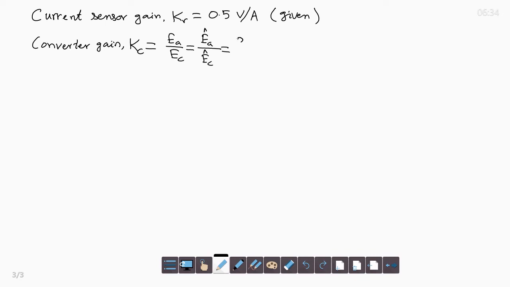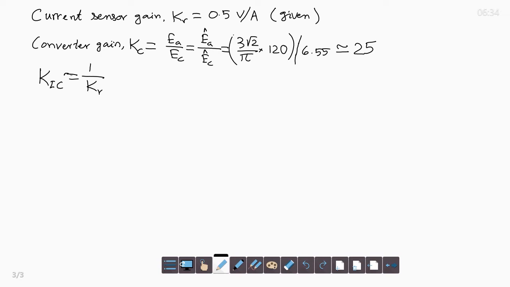Ea hat maximum value is 3 into root 2 by pi, VL is 120, line voltage is 120, so 3 into root 2 into 120 by pi, and Ec hat is 6.55. So this is nearly equal to 25. KIC in the block diagram, that is 1 by KR, so it is 2.